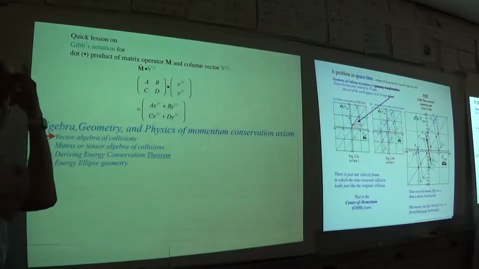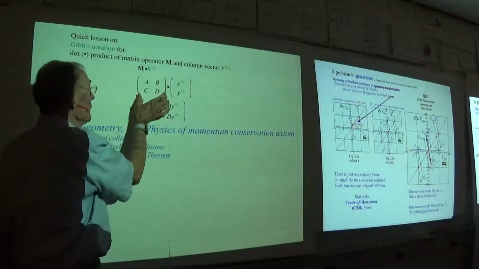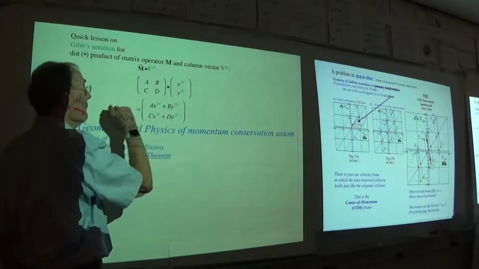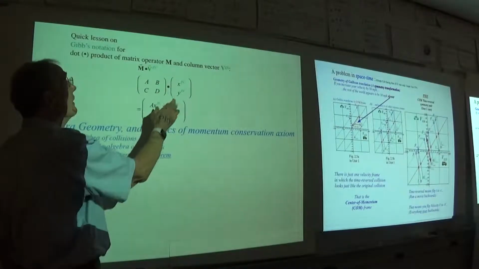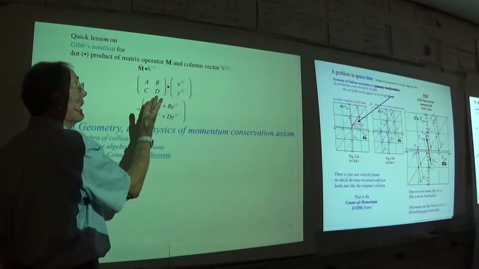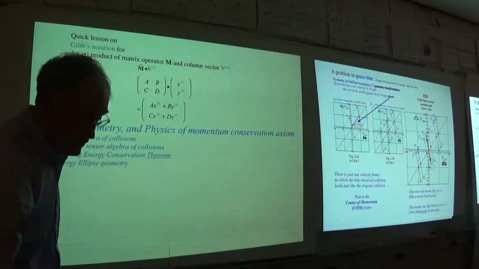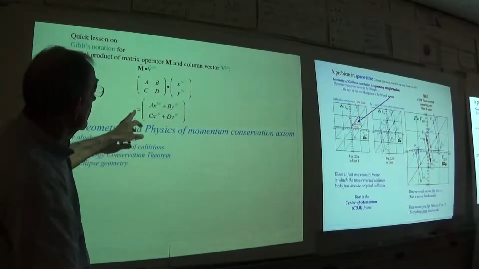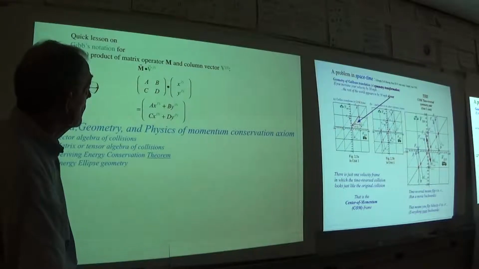So first of all, let me point out that if I do a matrix, a mass matrix with the masses on the diagonal, usually 0 here and there, and I operate on a vector, I turn velocity into momentum, the product of the mass and the velocity. So this is a pretty simple diagram of a matrix acting on a vector.